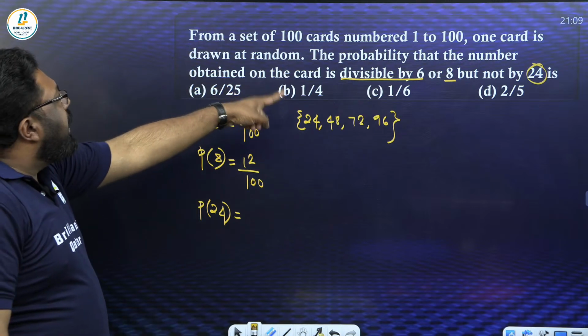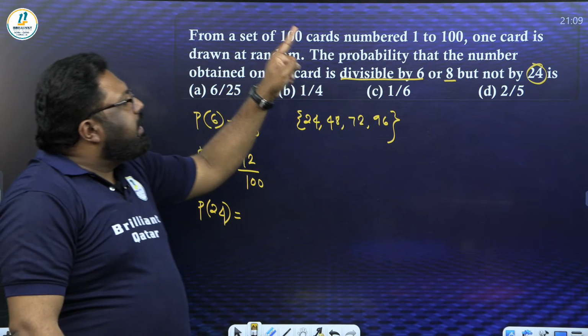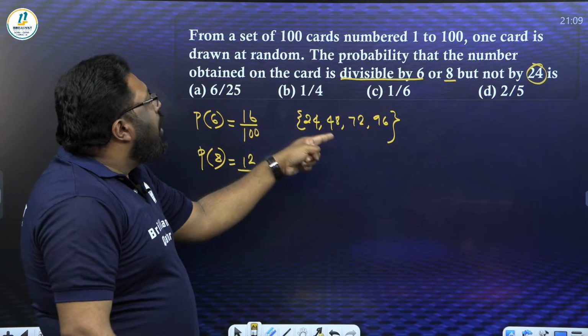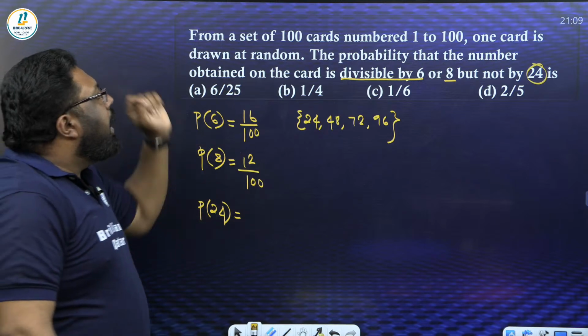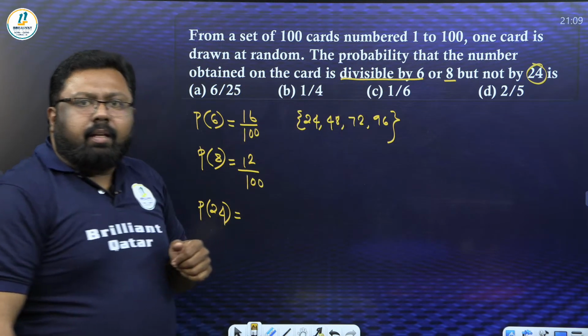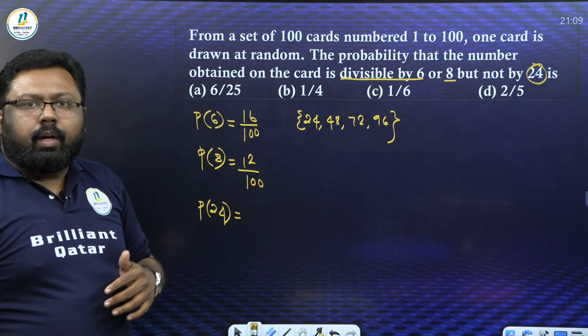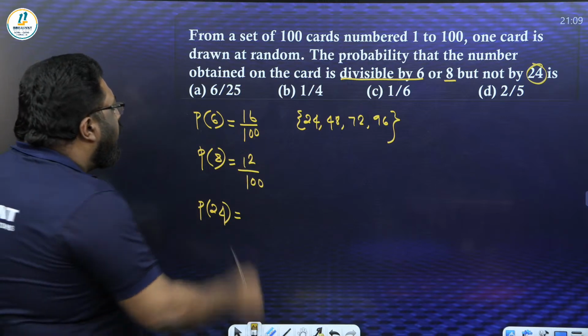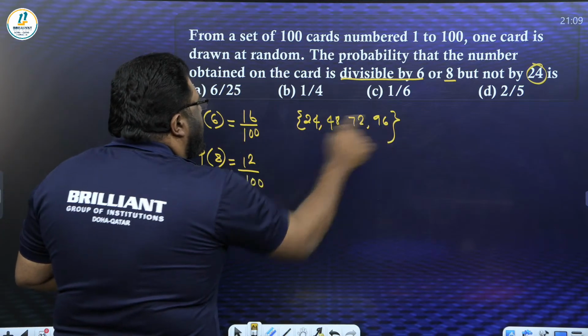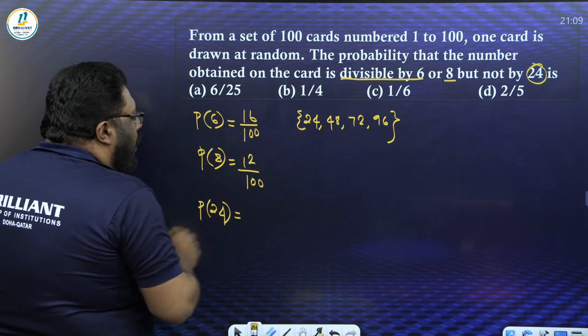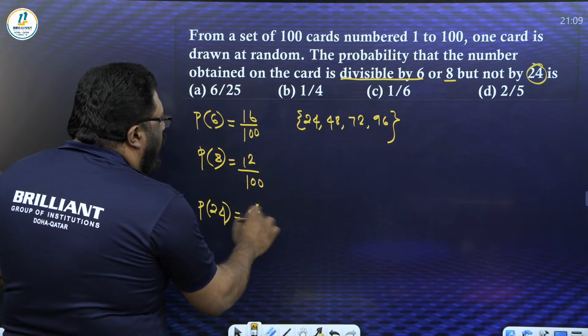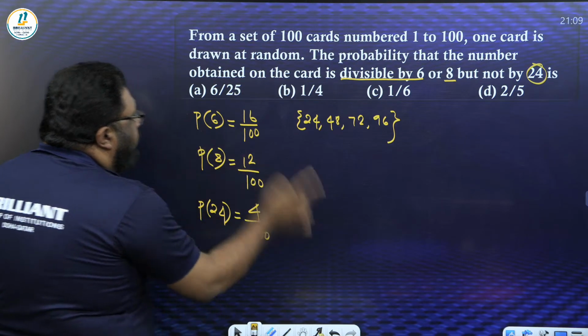So I want the probability the number obtained on the card is divisible by 6 but not 24, or divisible by 8 but not 24. From this 16 I have to remove these 4, and from this 8 also I have to remove these 4. So actually 4 numbers are there which I have to remove from both.